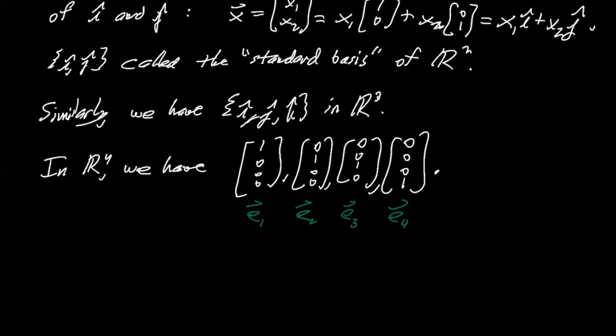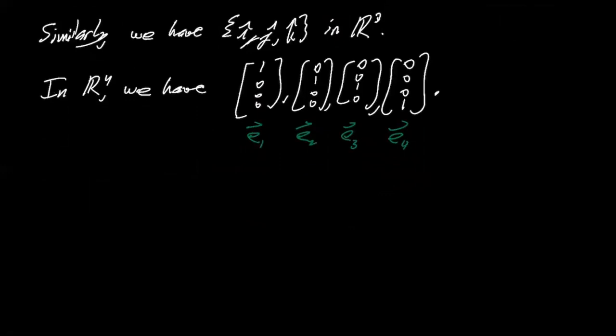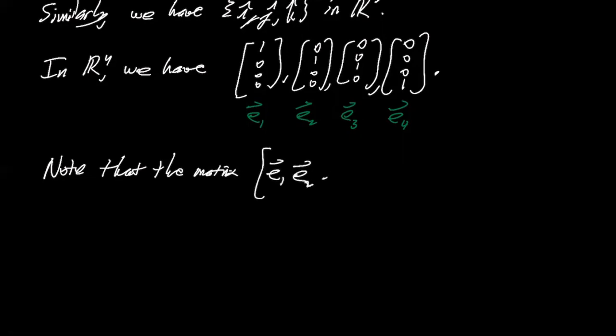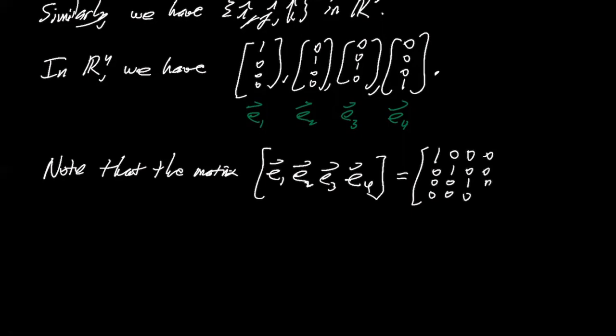But just before I say the general n-dimensional thing, I want to note something. If I write the matrix whose columns are e1, e2, e3, and e4, that's this really nice looking matrix: (1, 0, 0, 0), (0, 1, 0, 0), (0, 0, 1, 0), (0, 0, 0, 1).